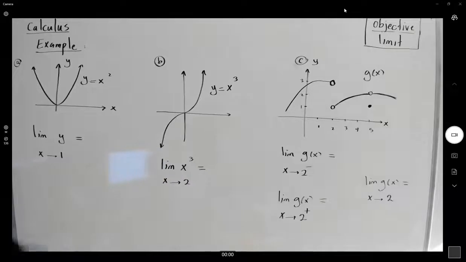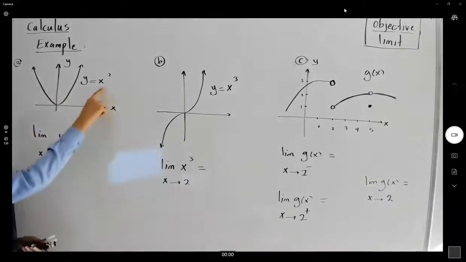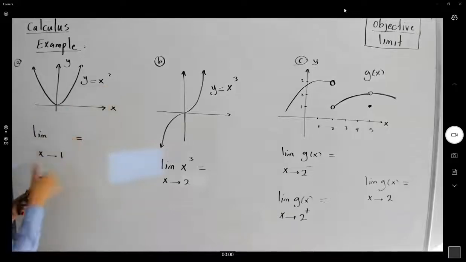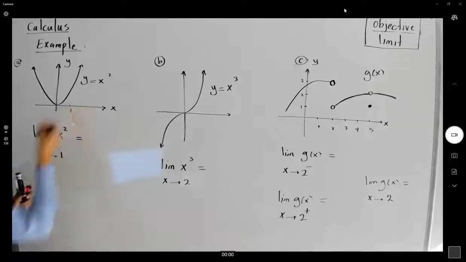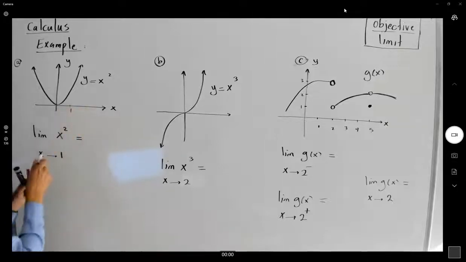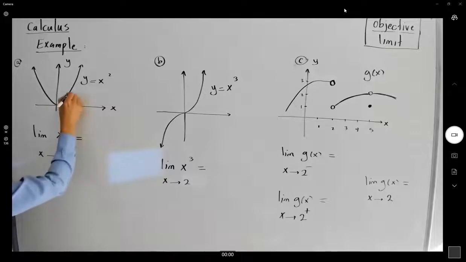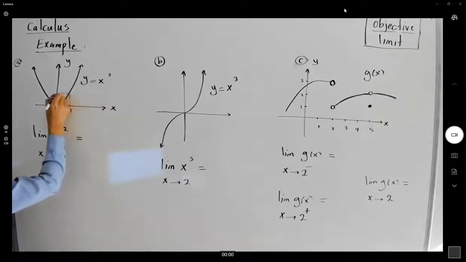So how did we define the limit of the function? Our function y is equal to x squared. It means that we are finding the limit of x squared as x approaches 1. As x approaches 1, here you have 1 on the x-axis. What is the y value of the function? Well, when x is 1, my y is 1 as well.